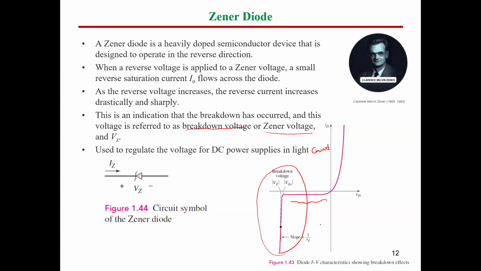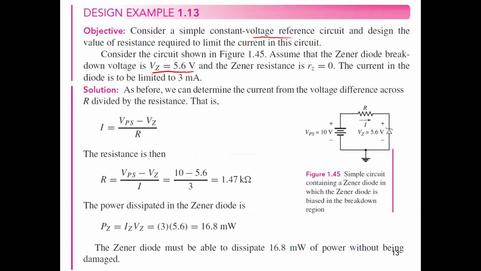So the ideal case is R equals 0. And in this case, guys, we will consider VZ, the Zener volt, as constant, whatever the current value we have in our circuit. So this is the ideal case.